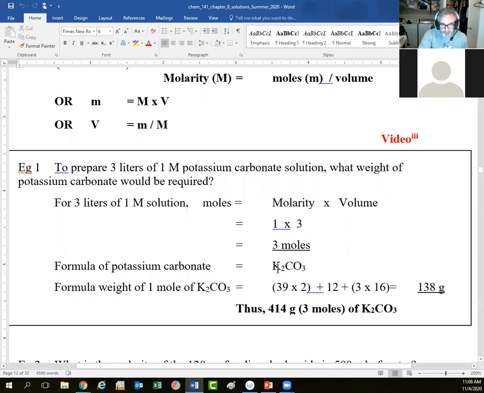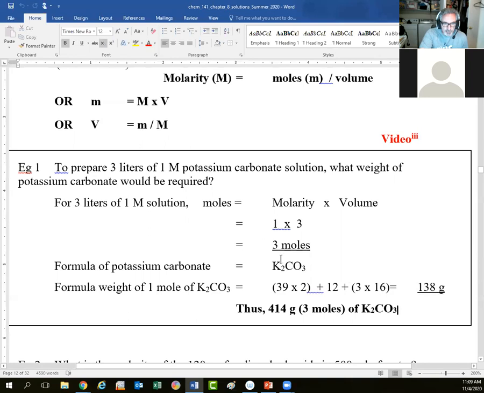So the correct formula would be 2 potassiums to the 1 carbonate. For the mass, as we did in chapter 5, mass for a mole, that's 39 grams for potassium from the table, 12 grams for carbon, and then 16 grams for oxygen each time, and there's 3 of them. So molar mass is 138 grams.